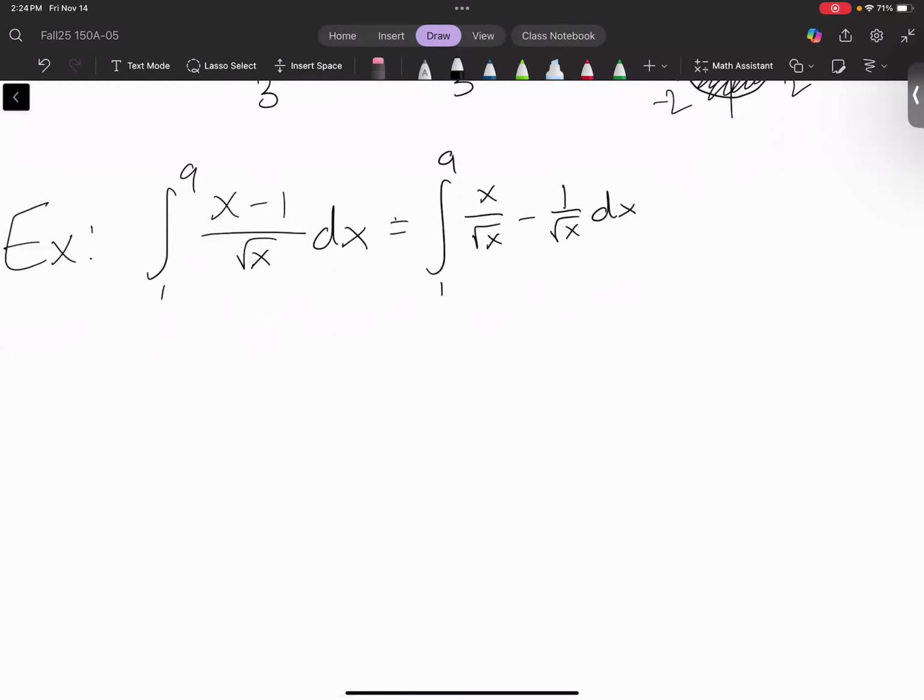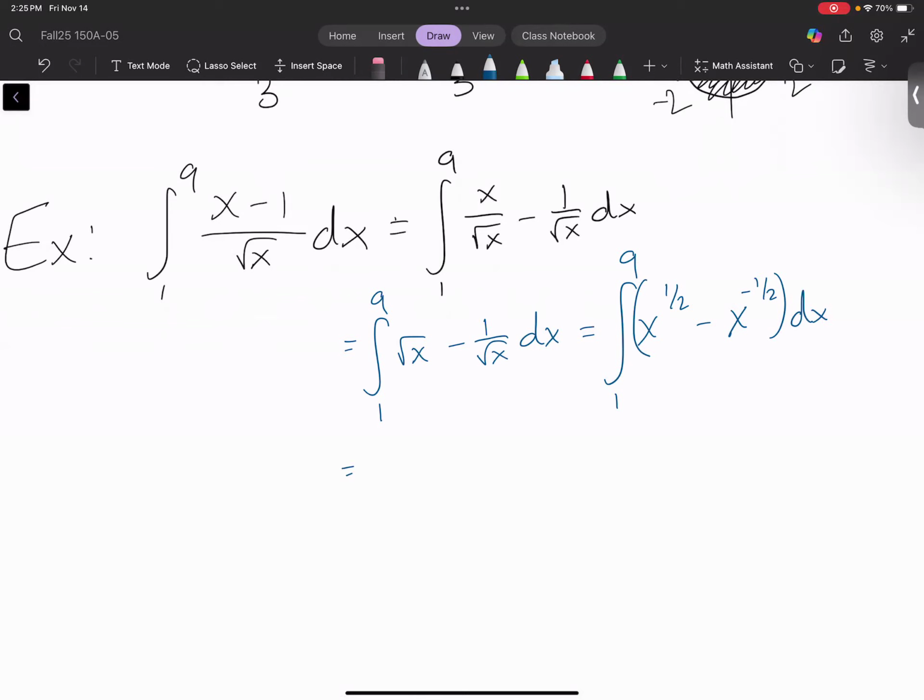Let's try it. We can rewrite this. x over root x is root x, and then I leave that. Now we can write those as x to some power. So this is x to the half minus x to the negative a half dx.